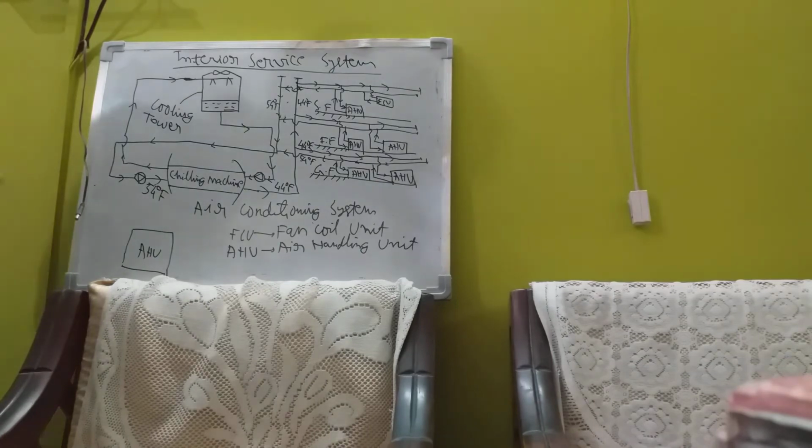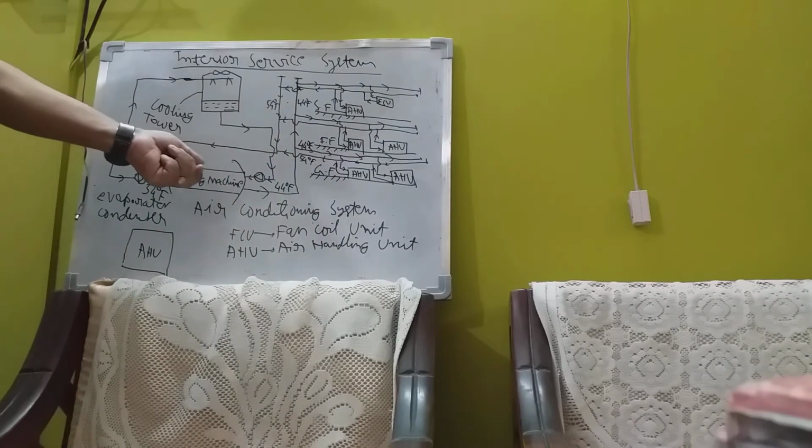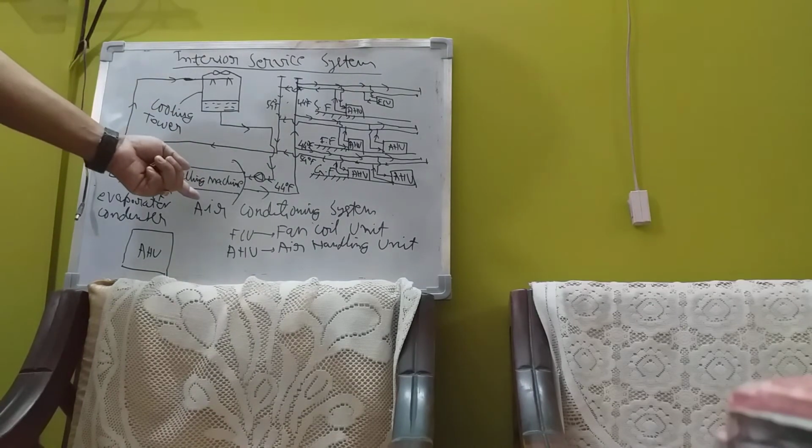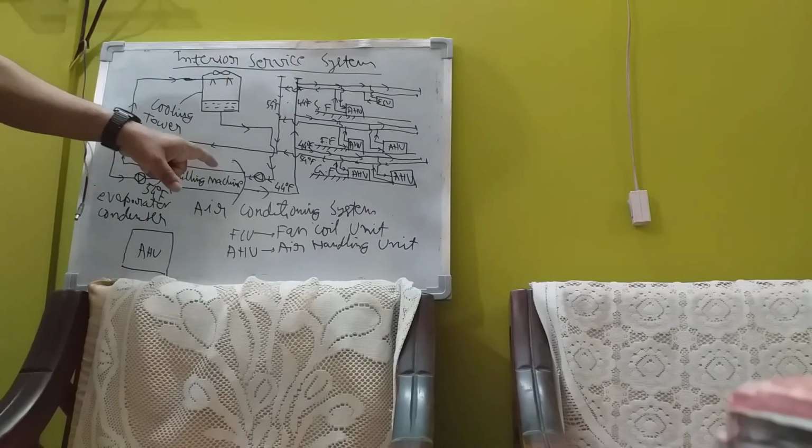If you remember, I was talking about the evaporator in the chilling machine. There is one part, the evaporator. Then I was talking of another part, the condenser. You remember the condenser? In the evaporator, the refrigerant gas sucks heat and makes the outside cooler. That means in this case water becomes cool. The chilling machine consists of the evaporator and condenser.